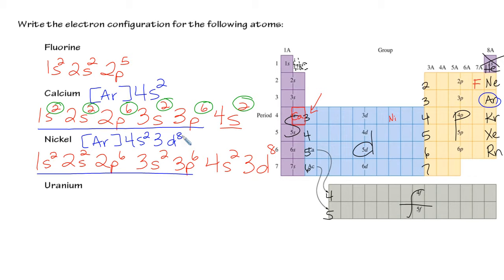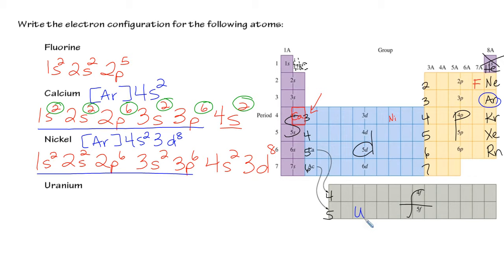Especially when you get to something like uranium. Element 92. He's down right here. I do not want to write out 92 electrons. No thanks. So we can shorten it up. We go to the previous noble gas.